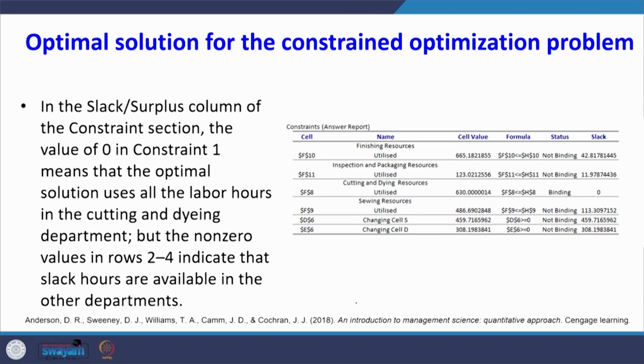Similar to our linear programming problem, in the slack surplus column of the constraint section, the value of 0 in constraint 1 here means that the optimal solution uses all the labor hours in the cutting and dyeing department, but non-zero values indicate that slack hours are available in other departments. So, the interpretation of slack is similar to what we interpreted in the linear programming model.